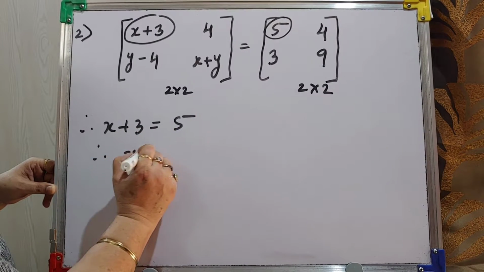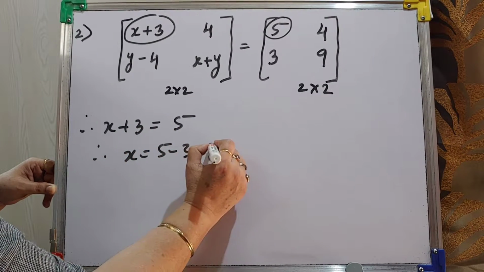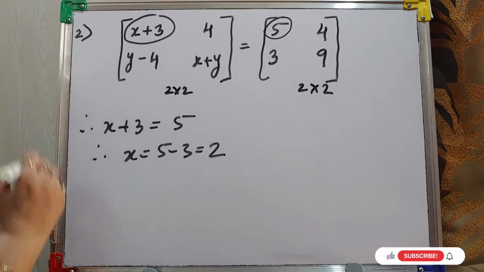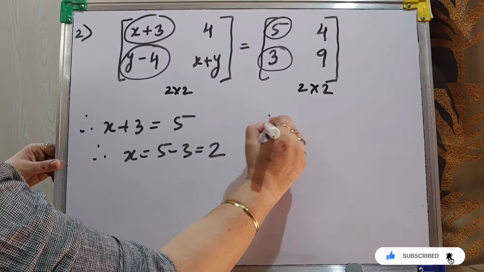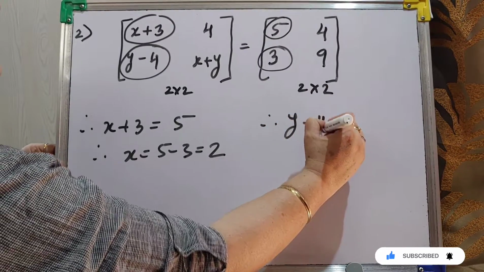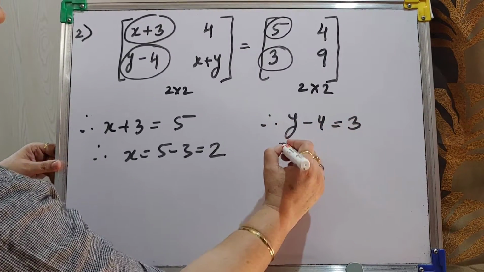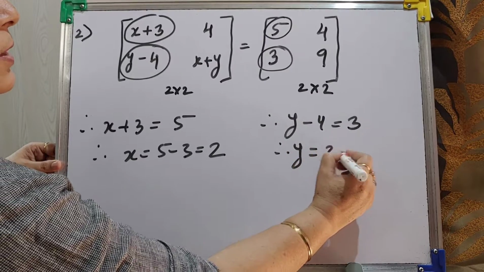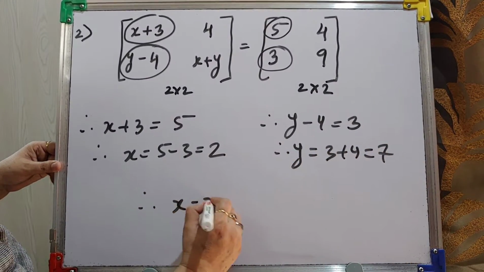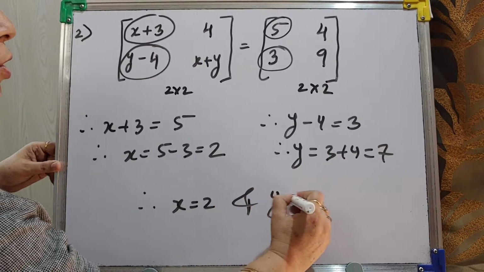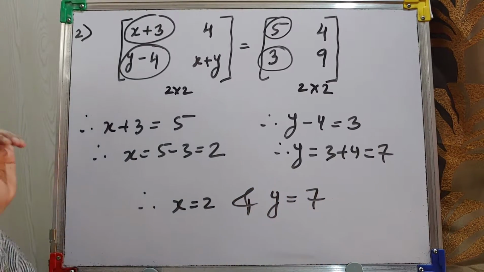So my value of x is 5 minus 3, that is 2. In the same way, this element will be equal to this element. Therefore y minus 4 equals 3. So y will be 3 plus 4, that is 7. So my value of x is 2 and the value of y is 7.